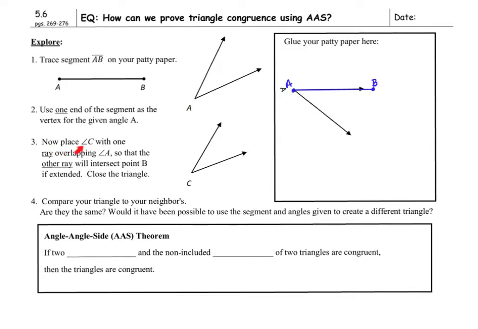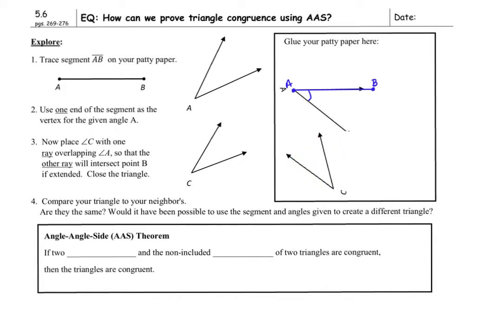Next, we're going to place angle C with one ray overlapping angle A so that the other ray will intersect point B if extended. Okay, so in order for me to have angle C overlapping a ray with angle A, I had to rotate my figure just a little bit.